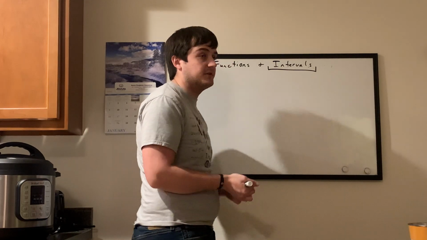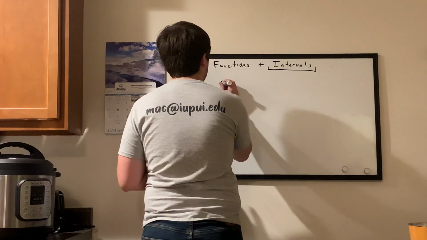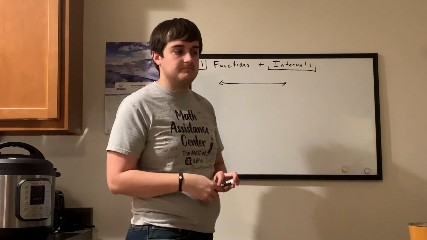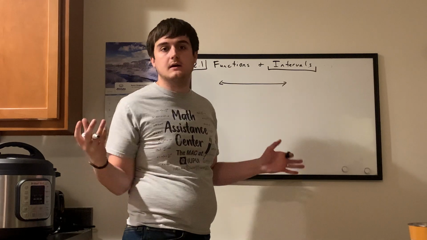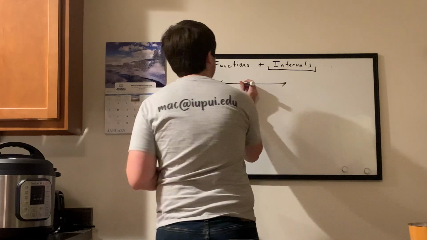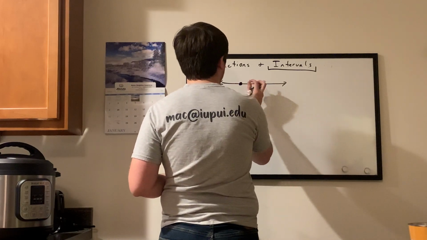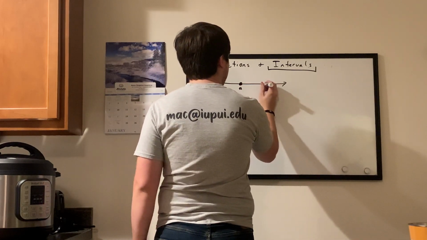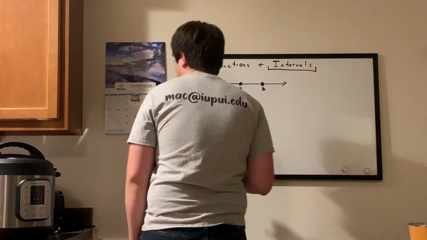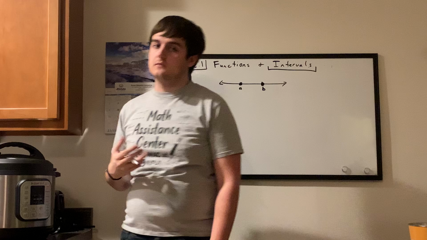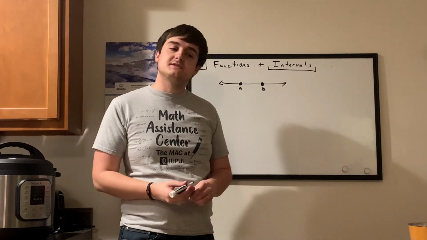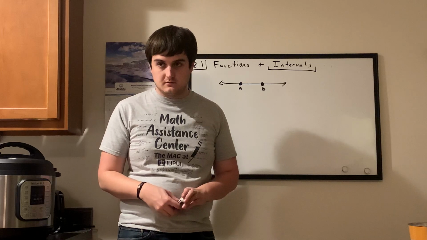Whenever I talk about an interval, I imagine I have a line, like so, and I imagine that I have 2 points on it. On the left, I have a point I'll call A. On the right, I have a point I'll call B. I want to see every value that's in between those two.